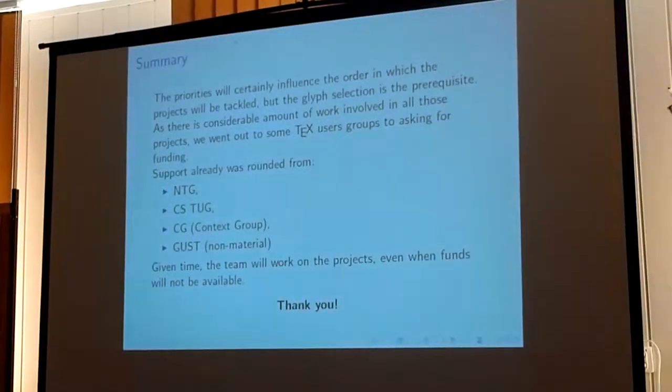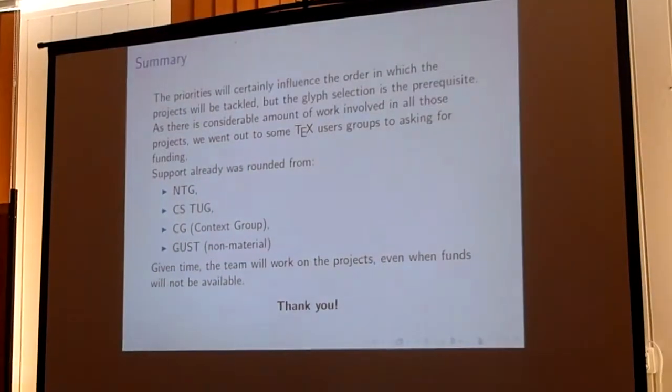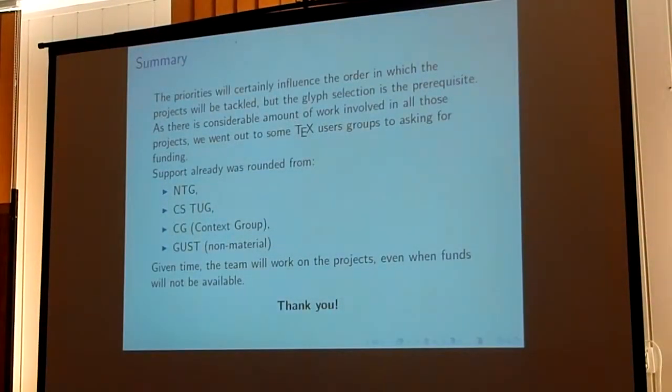Summary. Priorities set for these projects will influence the order in which the projects will be tackled. But the glyph selection is paramount. It should be done first and then perhaps revised. There is a lot of work involved.